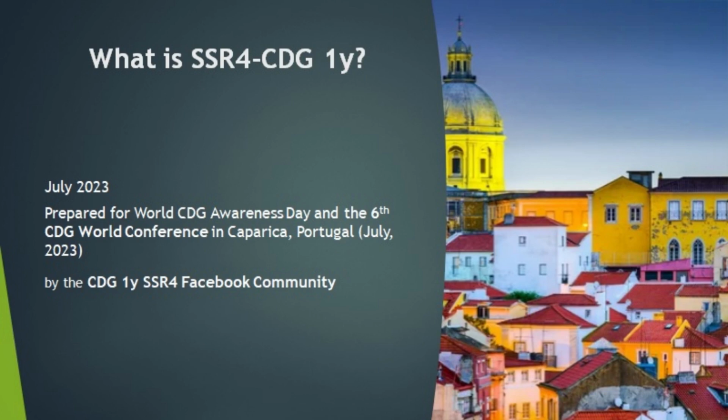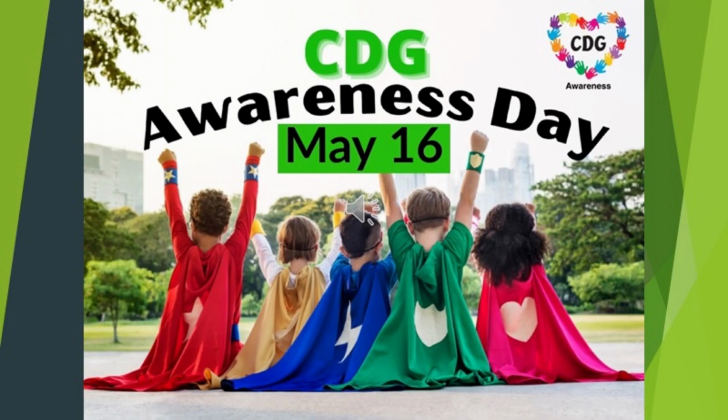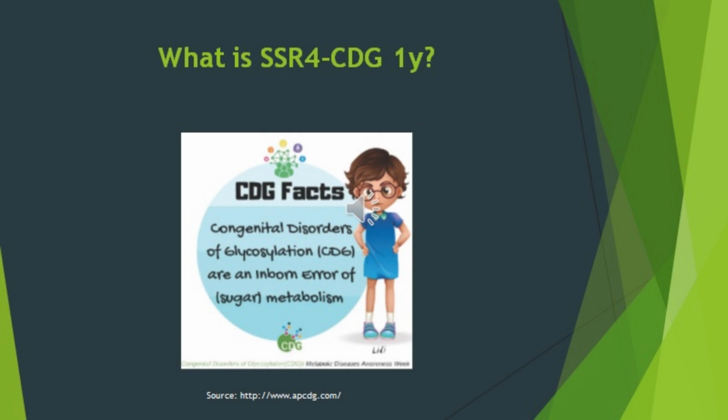For the worldwide campaign celebrated on May 16th, we are here to talk about one of the CDG subtypes, SSR4 CDG. CDG stands for Congenital Disorders of Glycosylation. Glycosylation is a process that our body performs by breaking down, transforming, and adding sugar blocks to proteins.